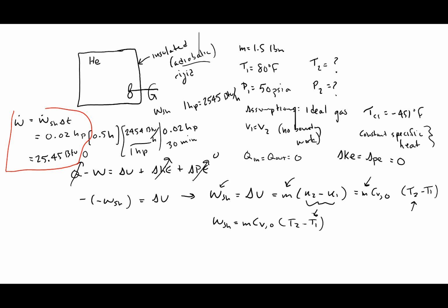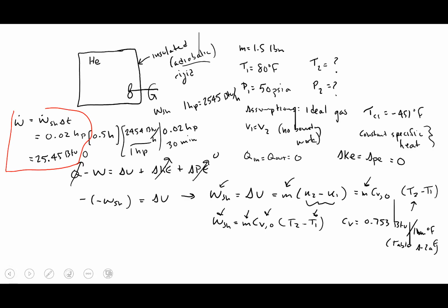So we know T1, we know the shaft work, we know the mass, and we're going to look up the specific heat. So we can calculate T2. So the specific heat is equal to 0.753 BTU per pound mass degree F, and that's from Table A-2A, and this is the English table, so make sure you're looking at the table with English units and not the table with SI units.